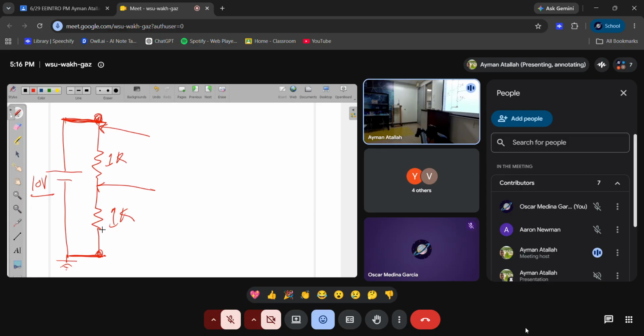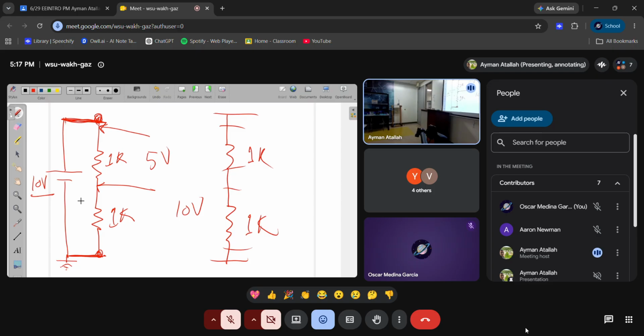You can say 0.7 if there is a diode, but don't mention 0.7 if there is no diode. So you have two resistances, 1K and 1K, and the total voltage is 10 volt. What will be the voltage here and the voltage here? 5 volt. Yes, this is 5, because the voltage will be distributed.